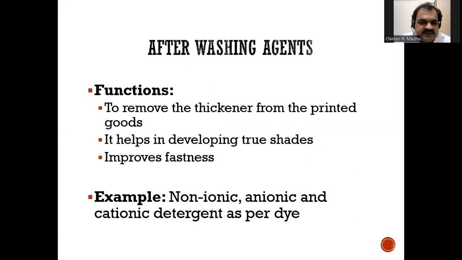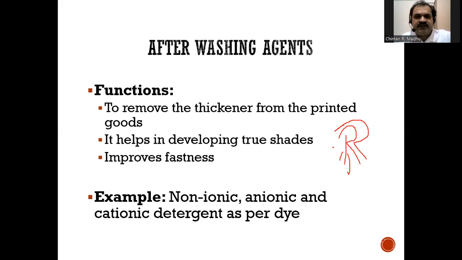After-washing agent is the process which is required to improve the brightness of your color, to improve the fastness of your dye, and to remove the thickener which we had used in our printing paste. The most important thing is the thickener, because you want to entrap your dye particles and your chemicals at a particular position. Suppose you are printing the letter R, so your color, your chemical, your thickener will all be at this R position only, and the rest of your fabric is white.